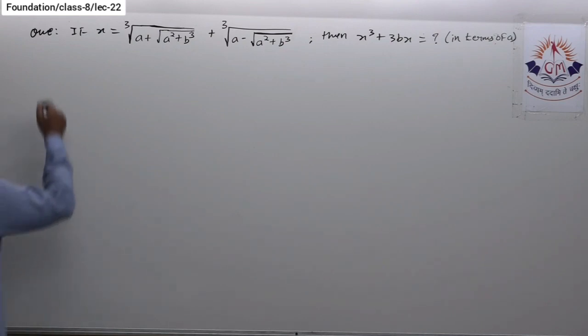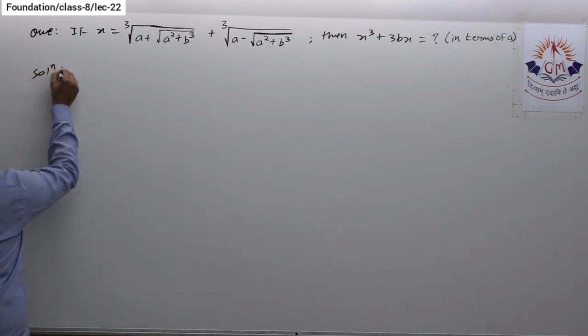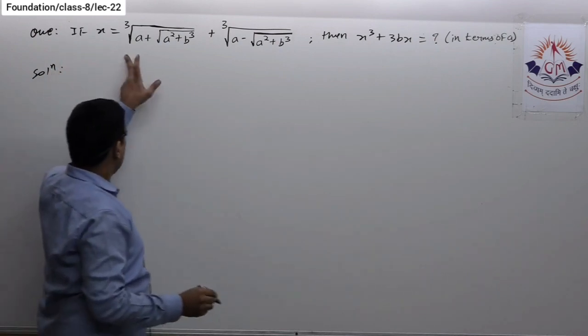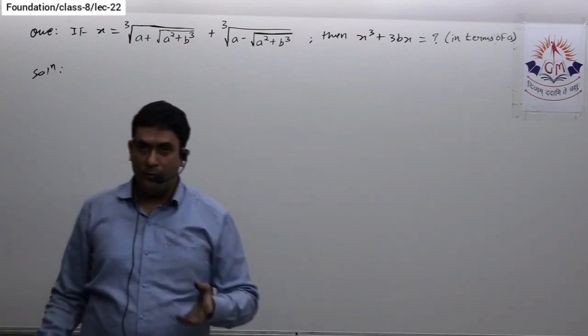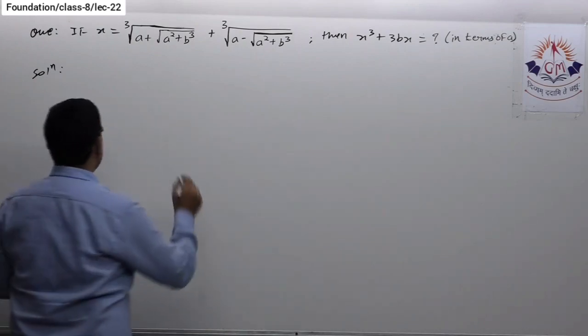Okay, let us see how to start this. Very first thing that should come in your mind, these two are the cube roots. So to eliminate those cube roots, we have to start by cubing both sides.